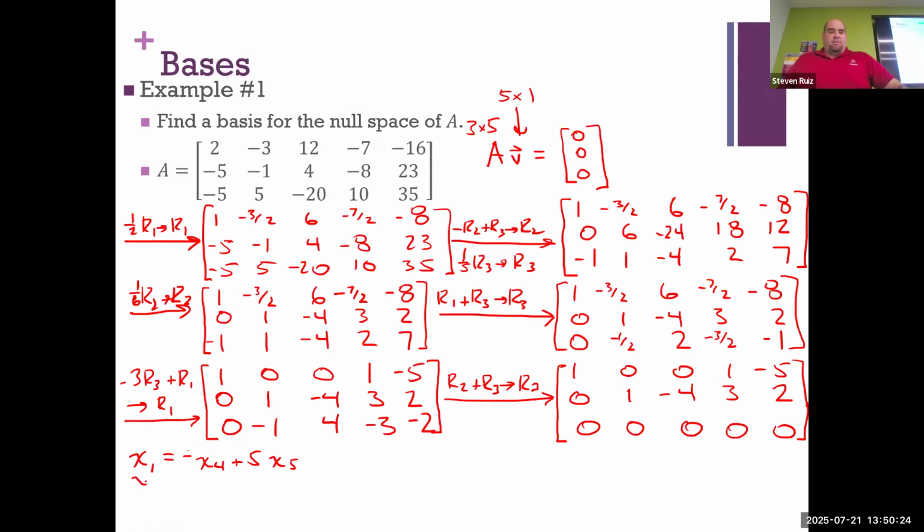And then what's x2? Did you say -4x3? I think all these signs are actually going to flip, because remember, we essentially got to move these over to the right-hand side of the equal sign.